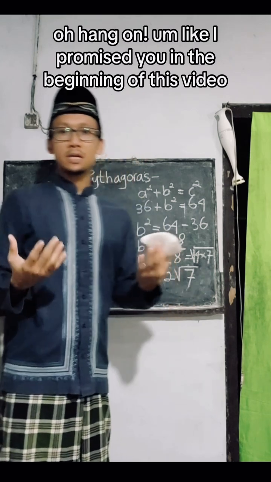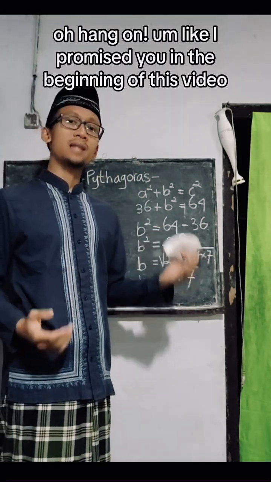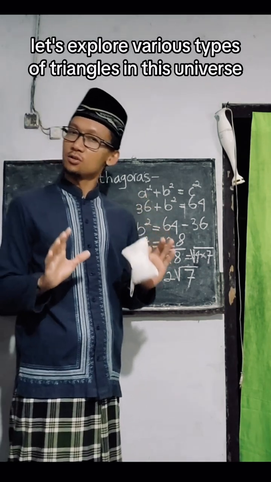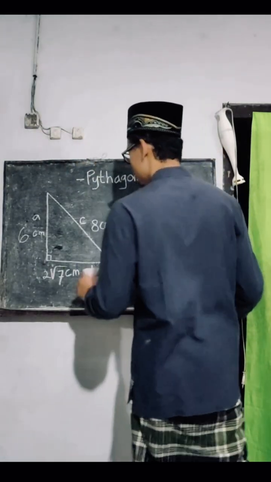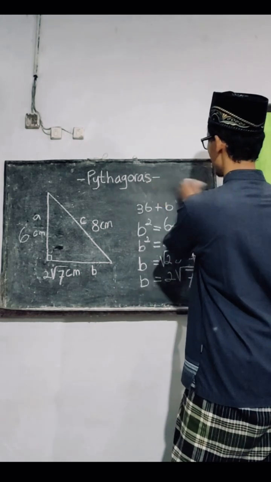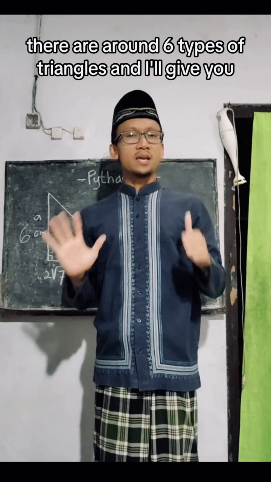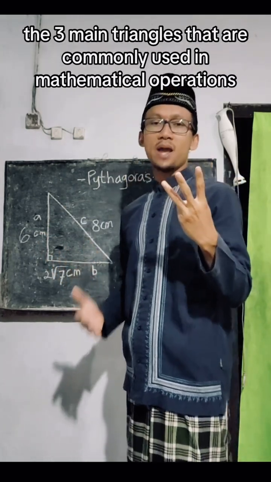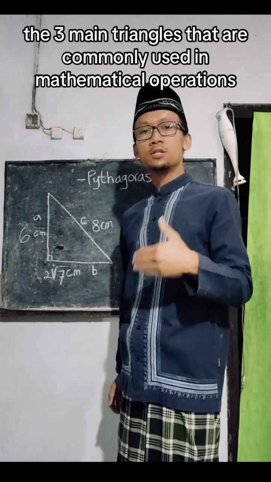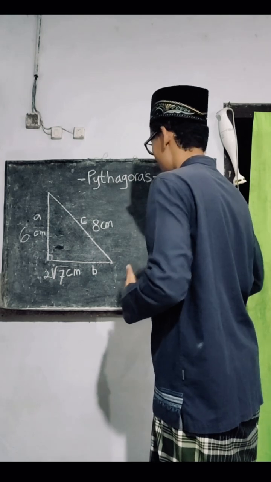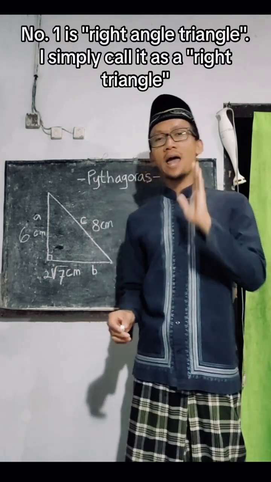Like I promised you at the beginning of this video, let's explore various types of triangles in this universe. There are around 6 types of triangles, and I'll give you the 3 main triangles that are commonly used in mathematical operations. Number 1 is the right angle triangle.